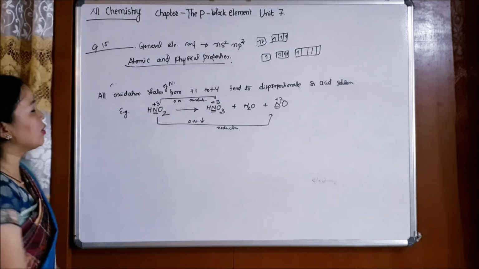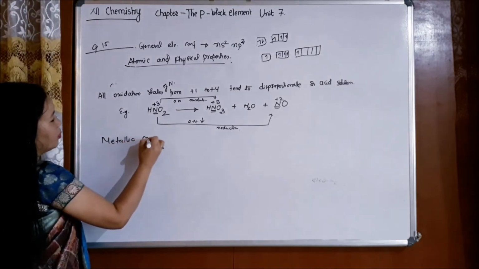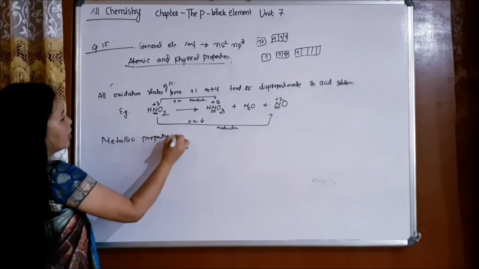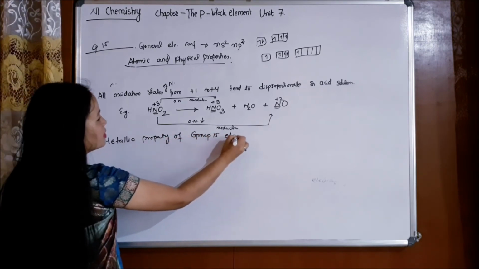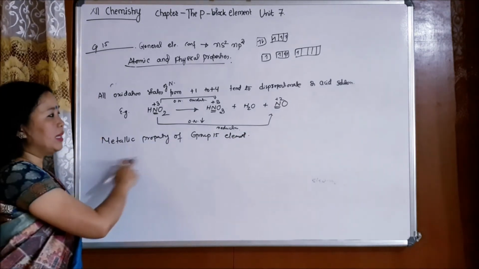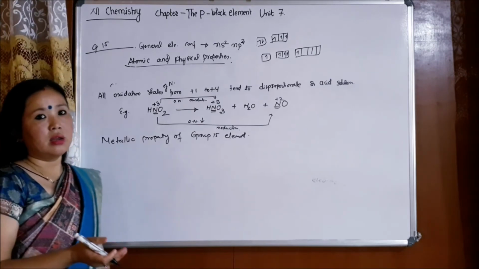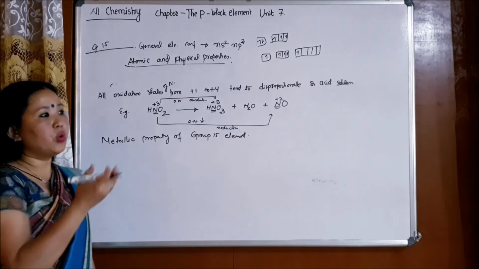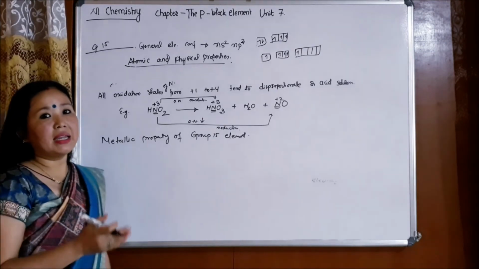Now next we are going to discuss the metallic property of group 15 elements. What is metallic property? It measures the tendency to lose electrons. The more it loses electrons, the more metallic in nature it becomes.